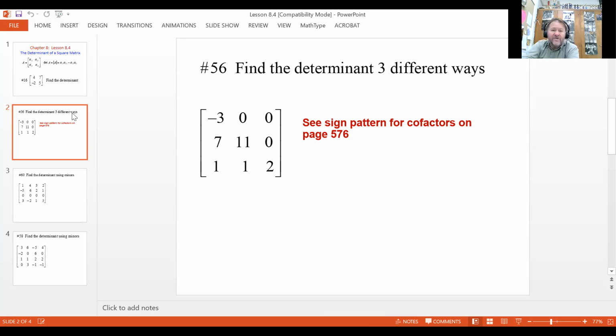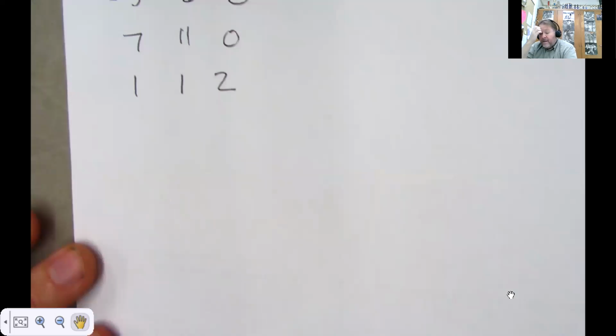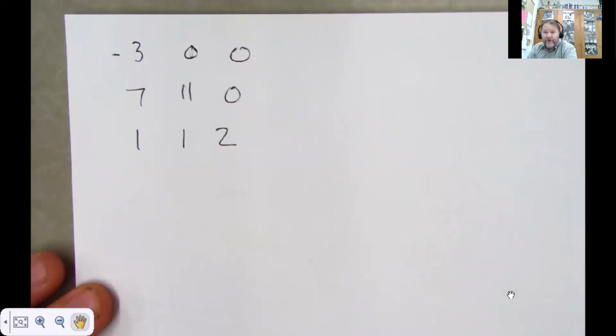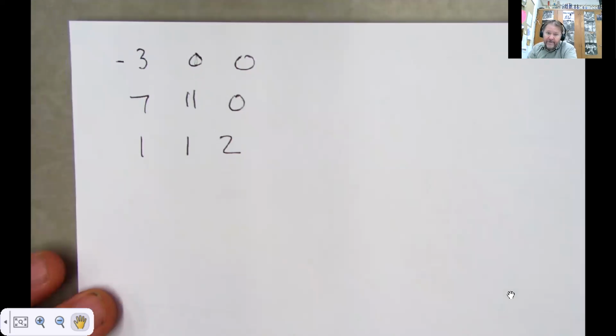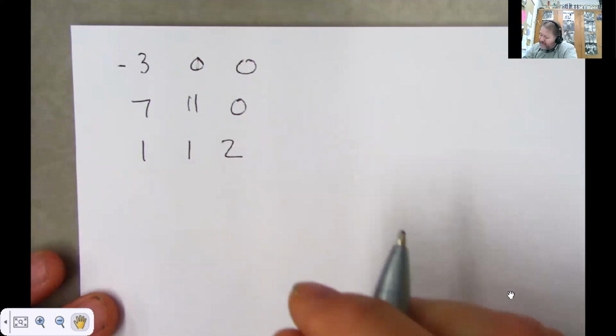I'm very reluctant to show you this because students often fall in love with this method, and I don't want you to. This only works for a 3 by 3. It only works for a 3 by 3. So it's not versatile. All right, I'm going to leave it at that. But here's the most garbage.